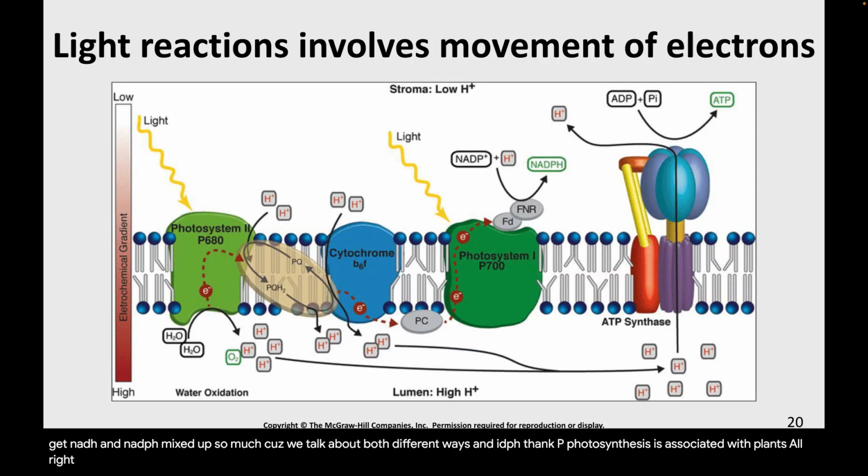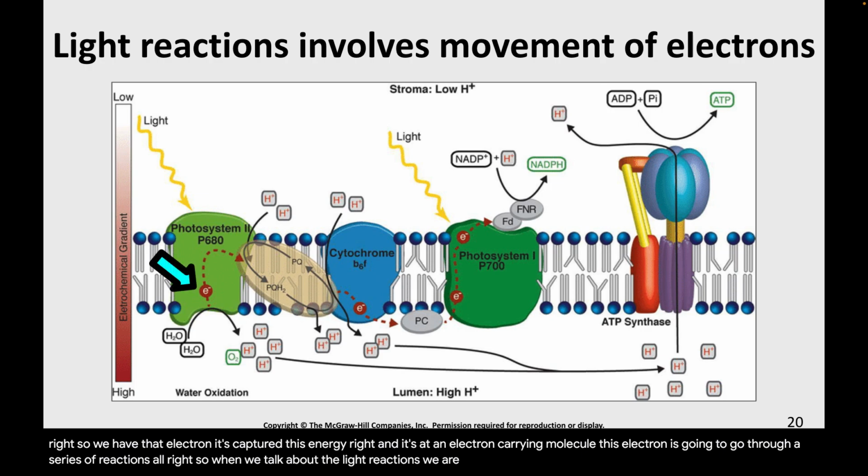All right, so we have that electron. It's captured this energy, and it's at an electron-carrying molecule. This electron is going to go through a series of reactions. So when we talk about the light reactions, we are really talking about the movement of our electron that has been excited.